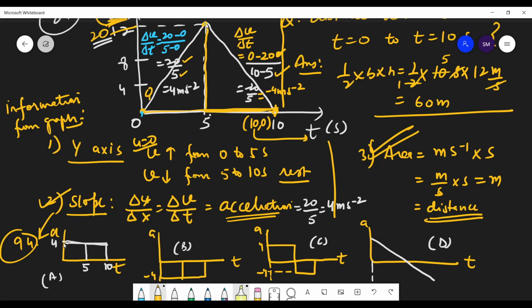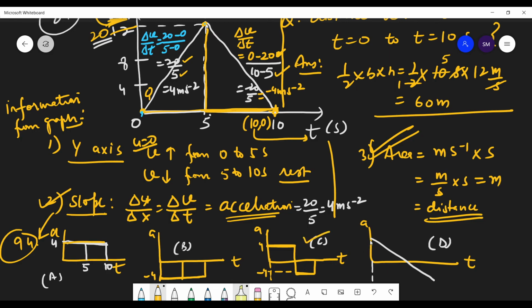Here acceleration remains positive, so this is not the answer. Here acceleration remains negative -4, this is also not the answer. Here in the first part acceleration is positive +4, and then in the second part acceleration is negative -4. Is this clear? So that's the correct option.